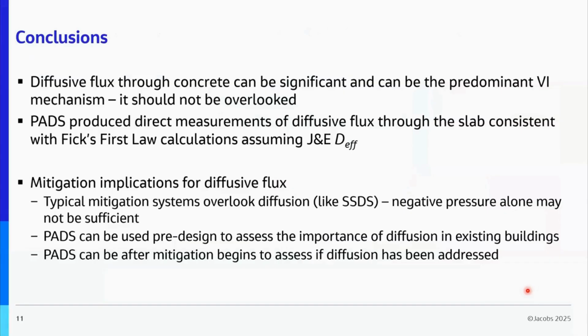And with a mitigation system, like Andrew mentioned, negative pressure may not be the only thing you need to mitigate a system. You might need to flush out underneath the slab to break that concentration gradient. And you could use pads as a tool, before and after you do a mitigation design, to see effectiveness.